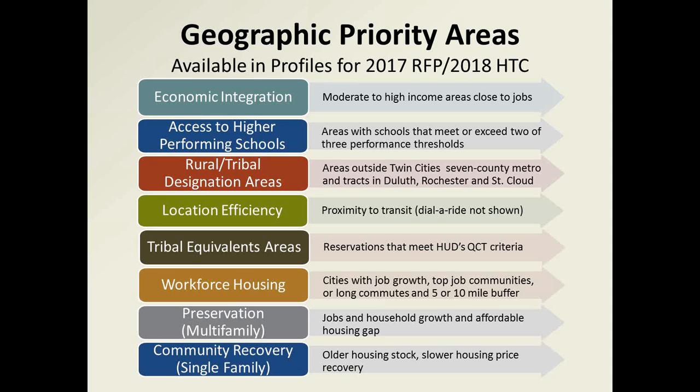The preservation priority includes areas highlighted as jobs and household growth communities, along with communities that have an affordable housing gap. The final geographic priority area is community recovery. Community recovery is used for the single-family RFP and is meant to highlight communities with lower median incomes, older housing, and higher than average declines in home sales prices.